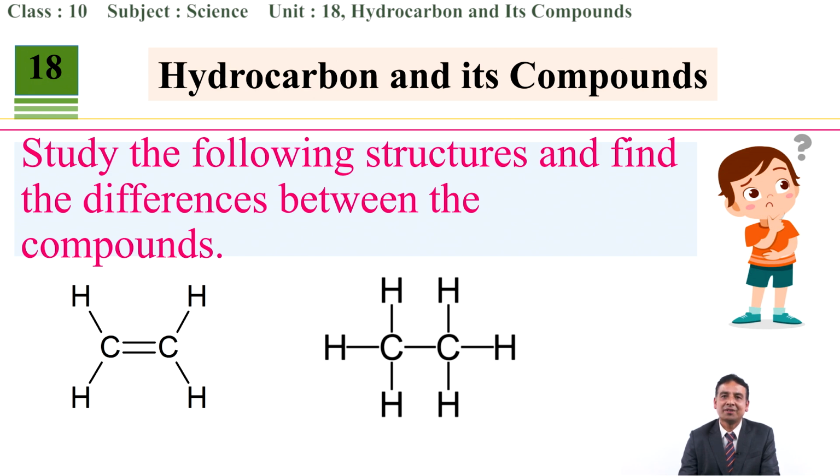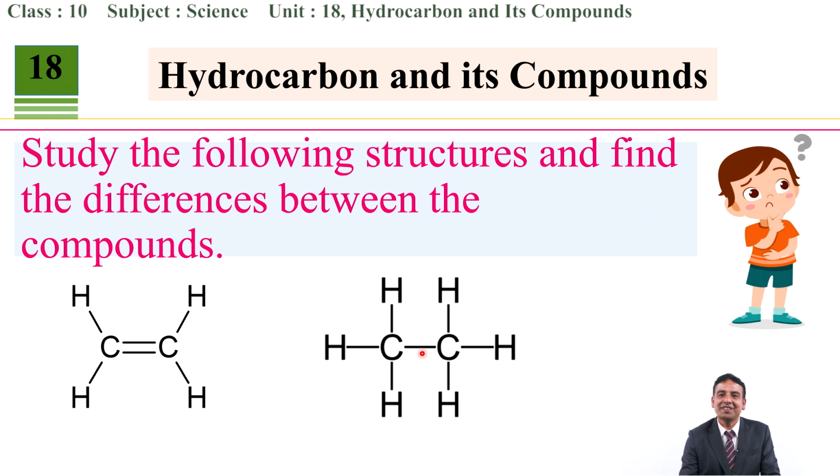This carbon has only two hydrogen atoms, and this carbon also has two hydrogen atoms. But if you go to the other structure, the second one, what do you find here? The carbon atoms have been bonded with a single bond. You can see the single bond here, this one, C and C.